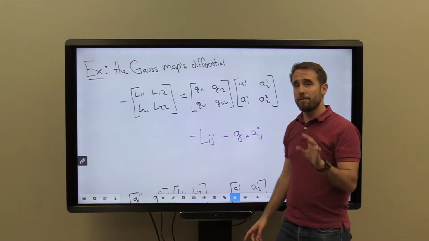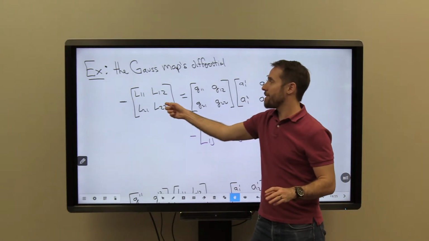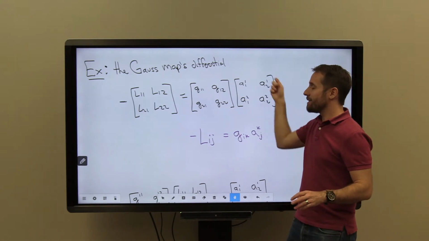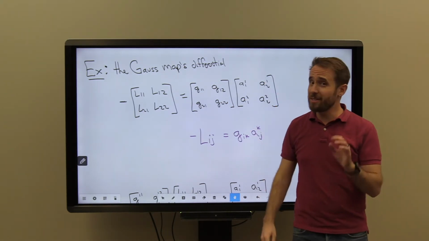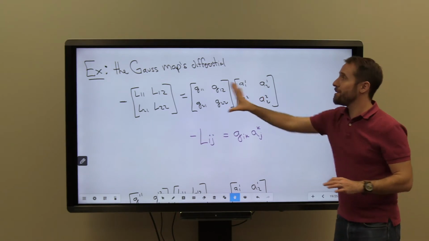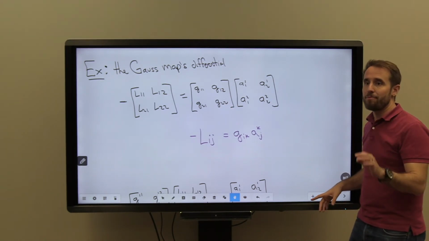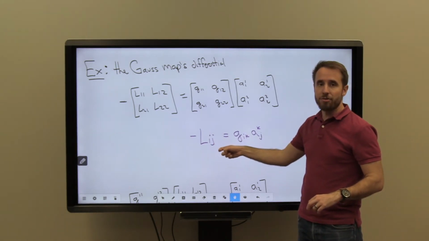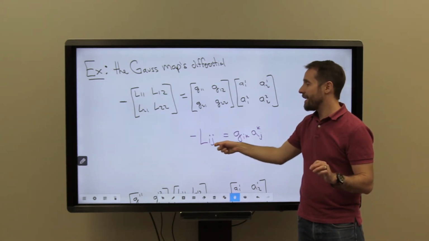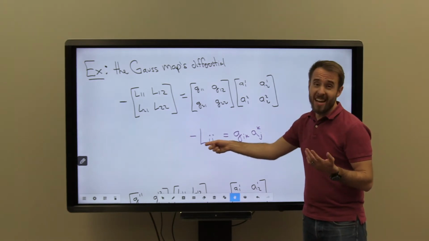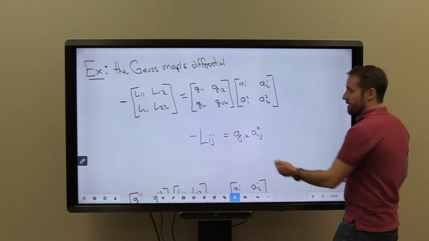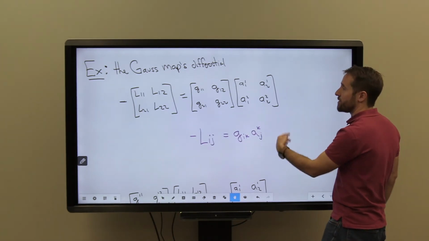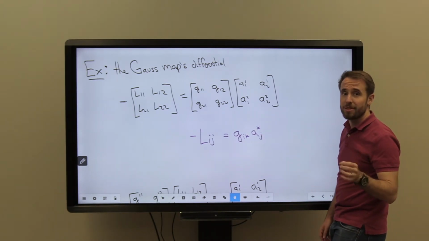The negative second fundamental form was equal to the first fundamental form times the Gauss map. And what we can see now is that this matrix multiplication can be succinctly written as follows. The ij entry of the second fundamental form, rather negative Lij, would equal Gik times Akj, where we're summing over our k's because of summation notation.